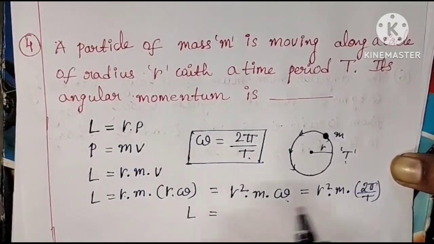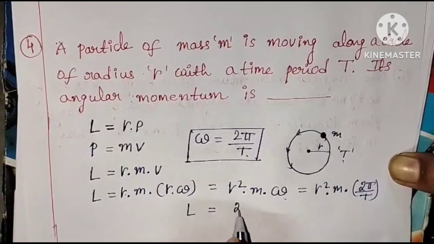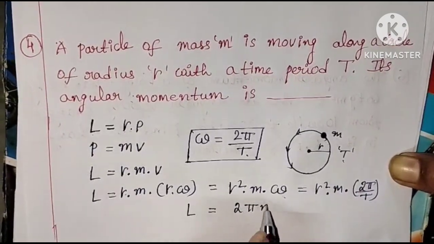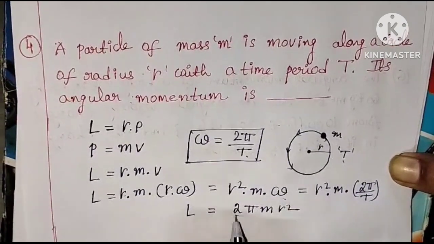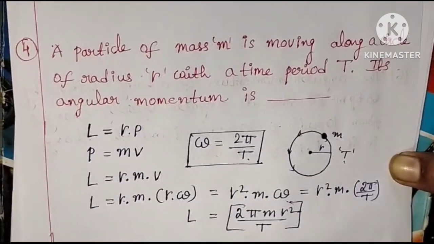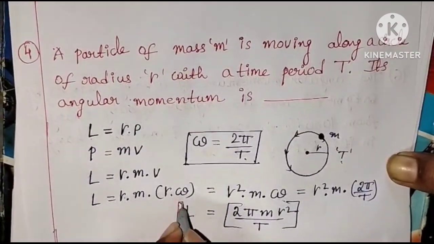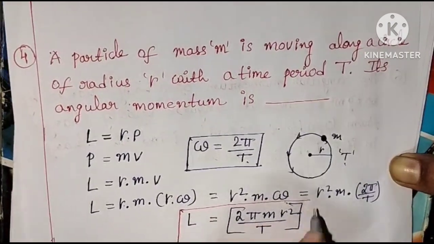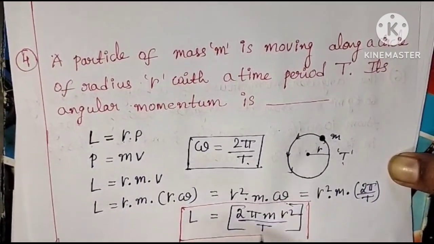Now angular momentum L is equal to 2 pi m r square by t. So this is the formula for the angular momentum of a particle in terms of time period and radius of the circle.